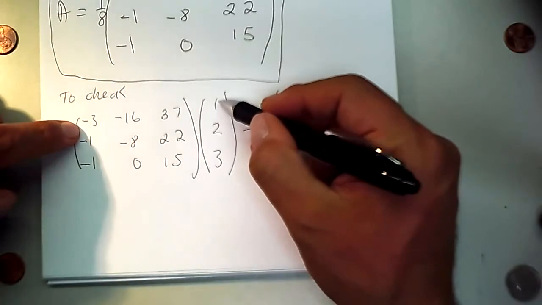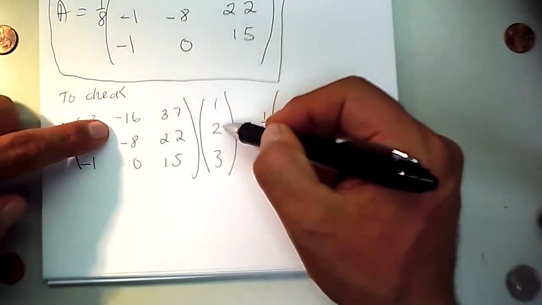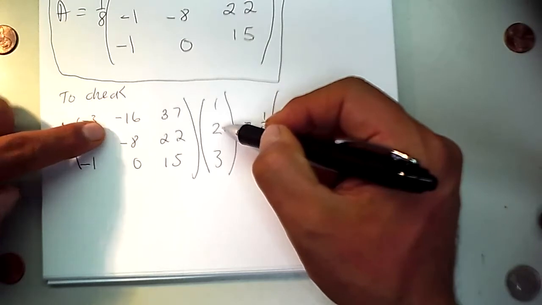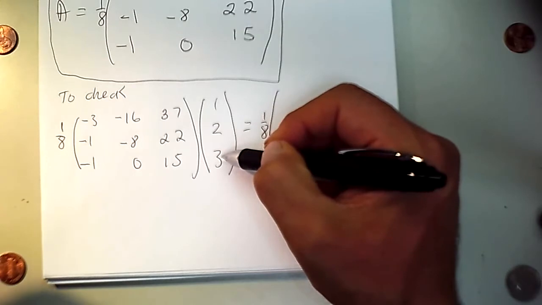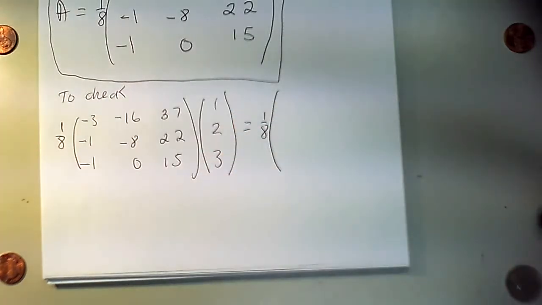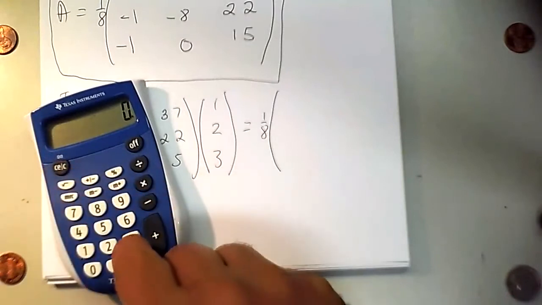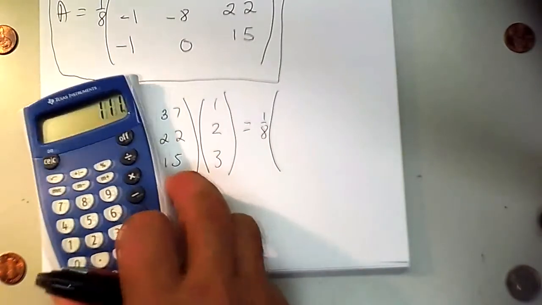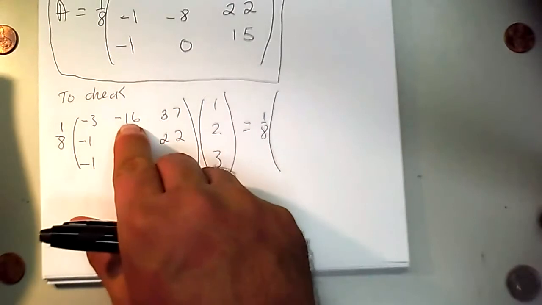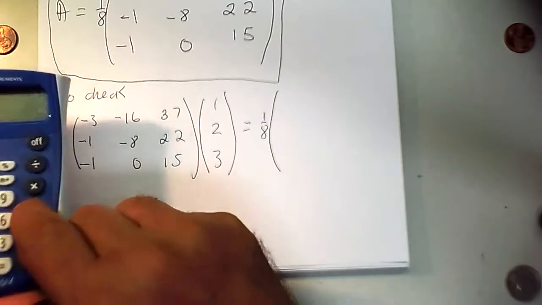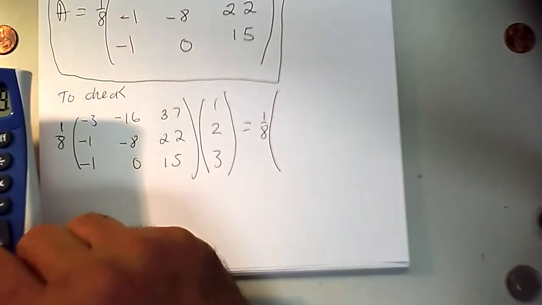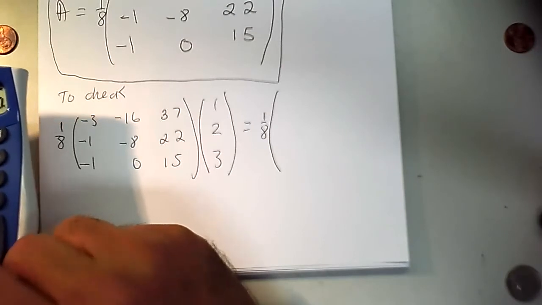So -3 minus 32 is -35, plus 3 times 37. Whoa, where's my little calculator? Here it is. 37 times 3, 111, minus 16 times 2, so that's minus 32, minus 3 times 1, equals 76.